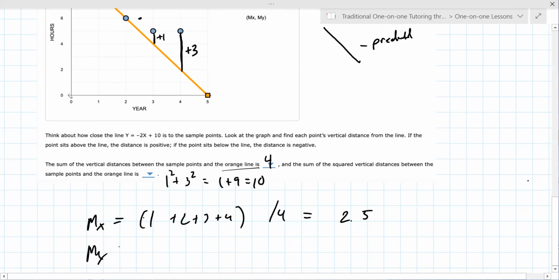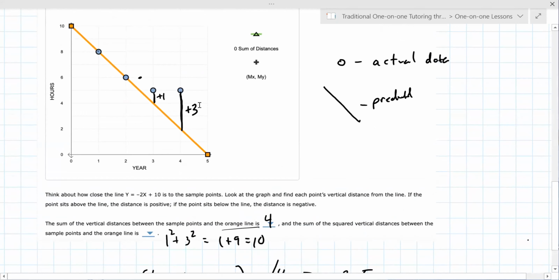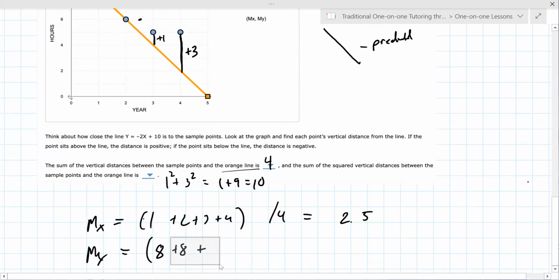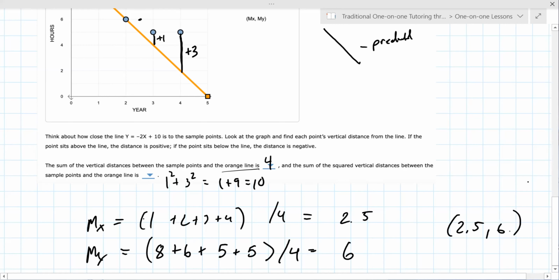And MY is all the Y values: 8 plus 6 plus 5 plus 5, divided by 4. That's 24 over 4, which is 6. So this is an ordered pair, 2.5 comma 6.